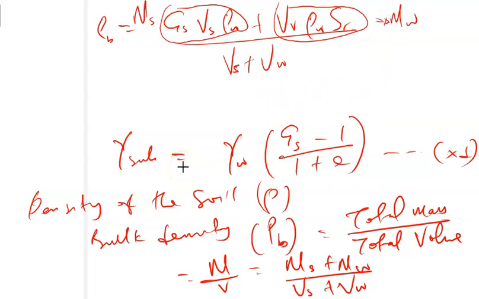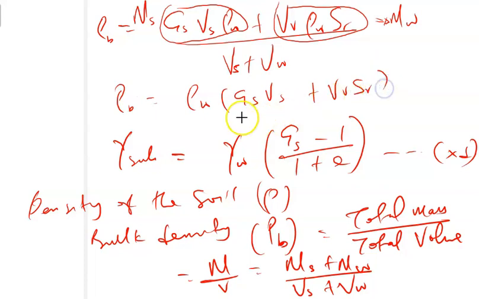So we have this. We can simplify it in such a way that we take what is common in these two. See that rho W is common, so bring it out. I have Gs plus Vv Sr over Vs plus Vw.